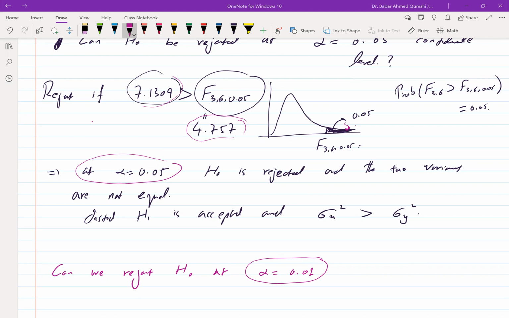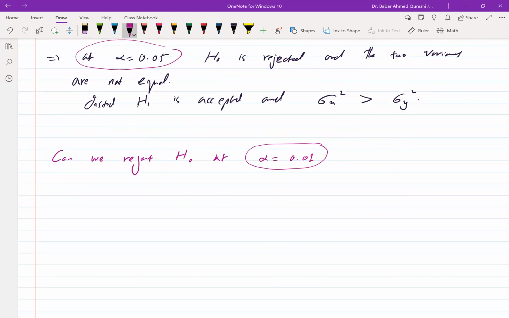So this table is for alpha equal to 0.05, while this is for 1% significance. So I have upper nu1 is 3 and nu2 is 6, so I have 9.78.